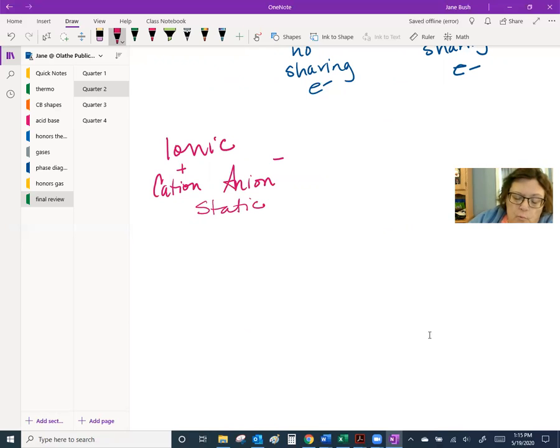The rule of ionic compounds is that the charge has to equal 0. So you have to balance these out, and I say balancing, not balance the equation, but you have to make sure that you have enough positive charge and enough negative charge that they add up to 0.